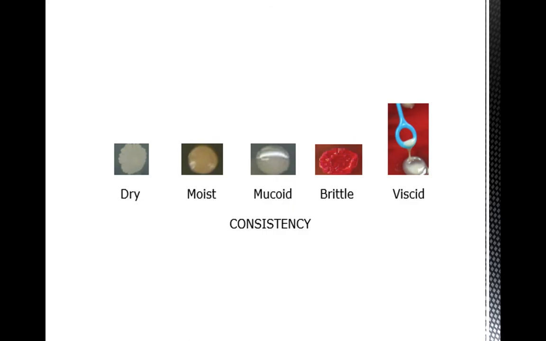And in some cases they can be viscid, meaning jelly-like in appearance, normally because of the presence of bacterial or microbial capsules. So you're also going to assess them based on their consistency.